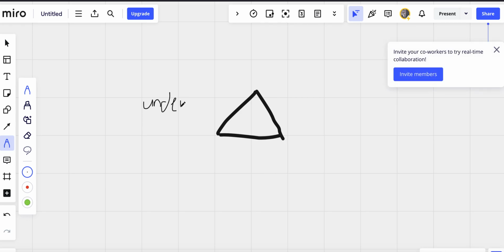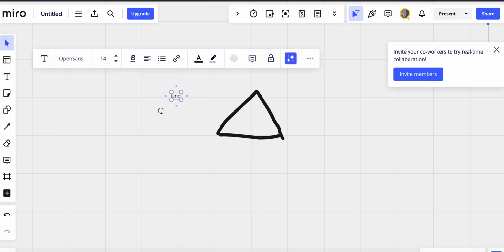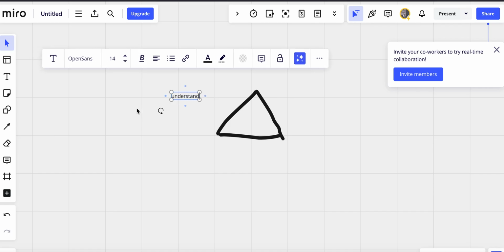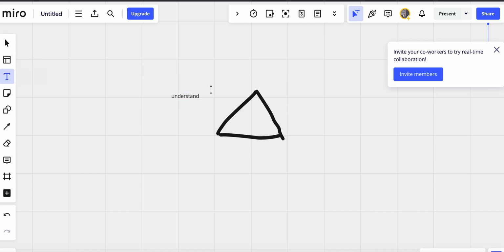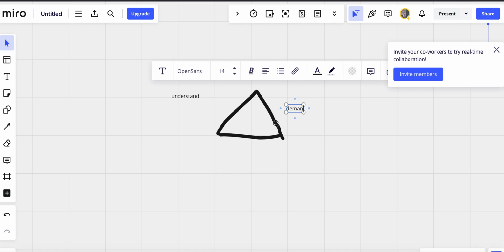Let me use the type tool. So there's understand, there is what they demand, and basically it fulfills the promise that the customer wants.